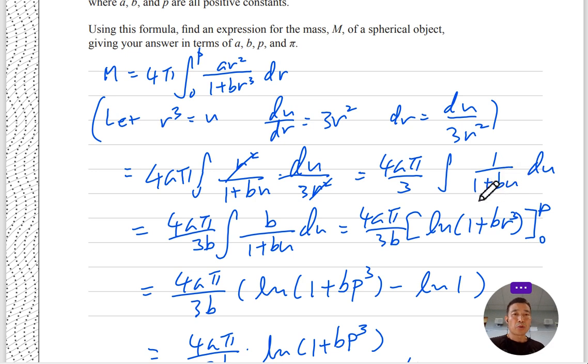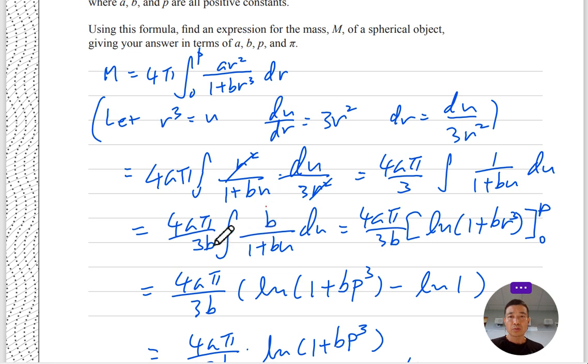And here, 1 over 1 plus bu, well, when you integrate f prime x over f x, that becomes natural log f of x, right? You just need a b, so there is no b, so you have to manipulate. So that's why I put b here and b there.